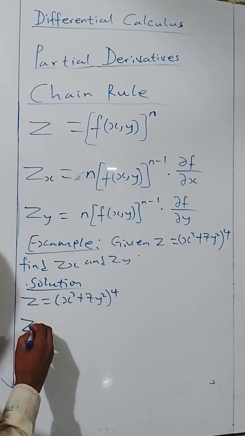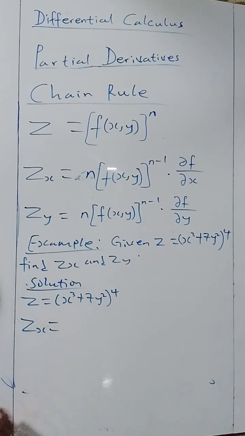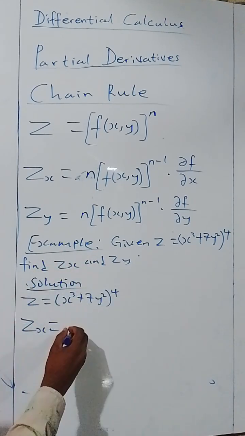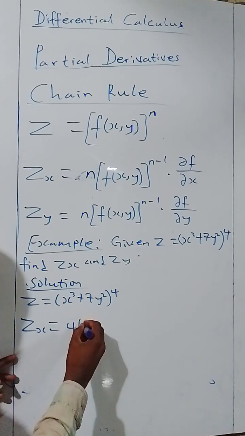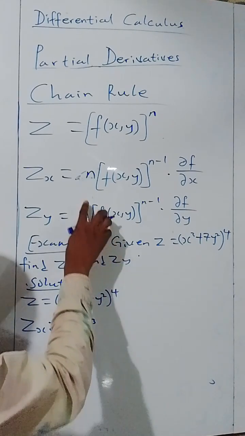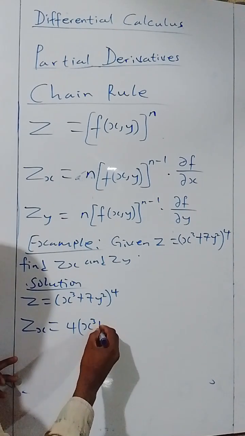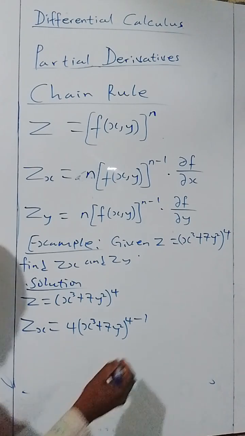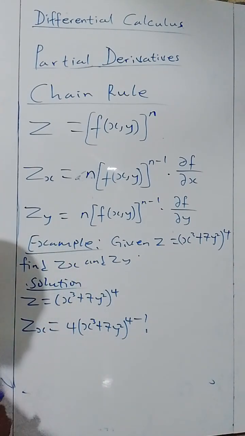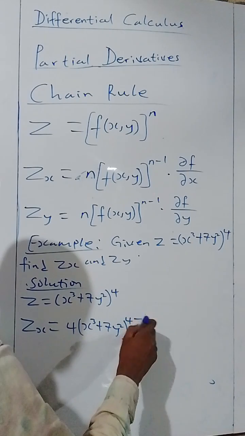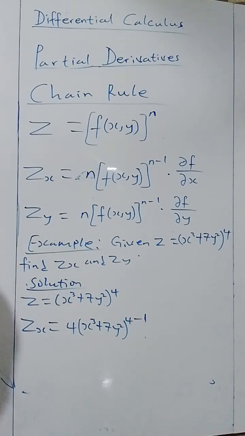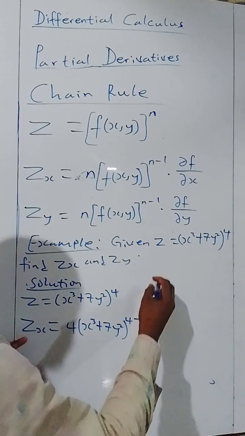So the partial derivative of z with respect to x will be equal to: you bring down the power, 4, and then the original function, x raised to the power 3 plus 7y squared, raised to the power 4 minus 1, then you multiply by the derivative of the function in this bracket.